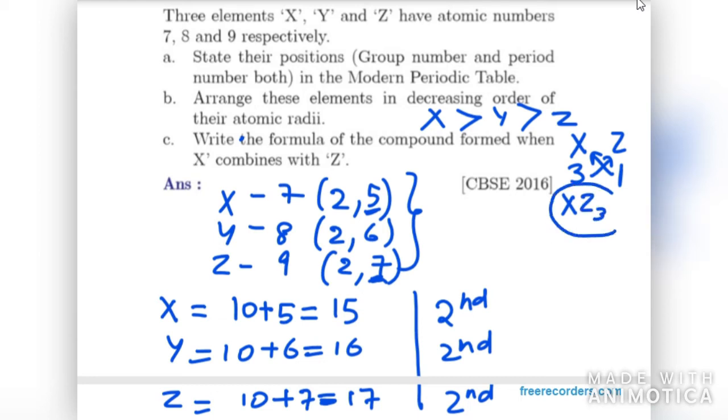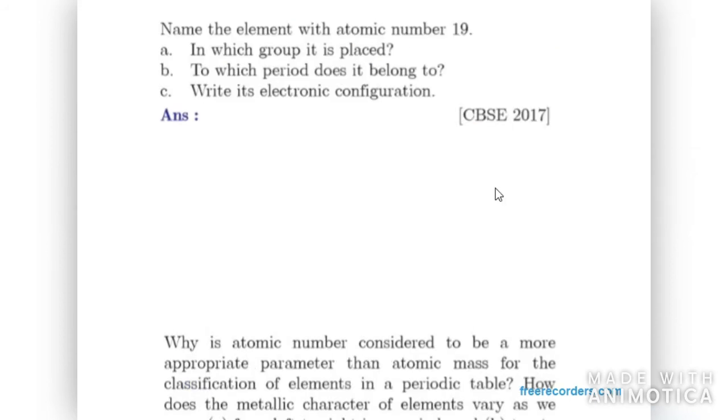Now taking the reciprocal, it will be XZ3. So this will be the formula of the compound formed when X combines with Z.